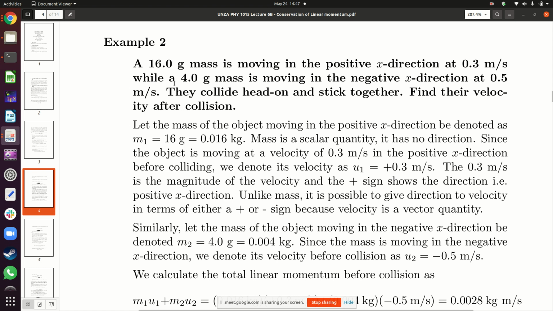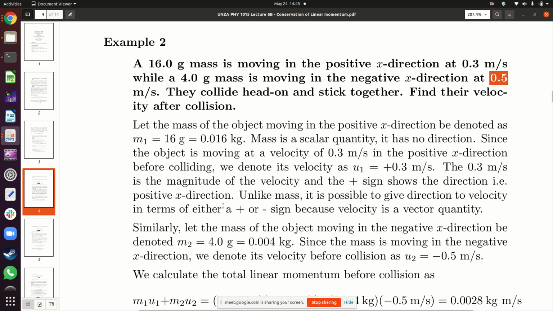Then the second mass, we're going to call this m2. m2 is 4 grams, and in kgs, that is 0.004 kgs. This one is moving in the negative direction, so the velocity it has is going to be negative. We give it a negative sign since it's moving in the opposite direction.